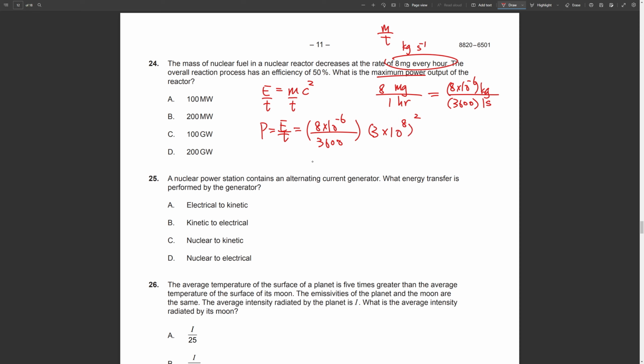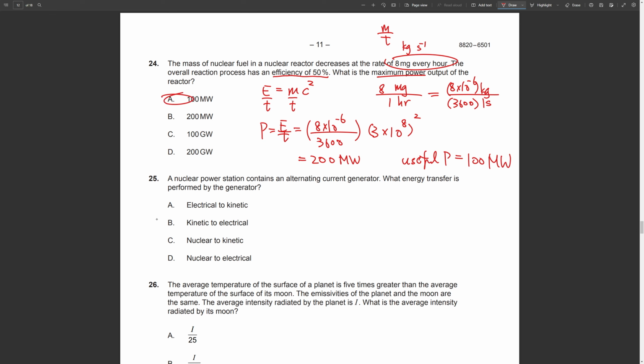The rest is simplifying these equations. 200 megawatt. But this is not the final answer yet. Don't forget there is an efficiency of 50% only. Therefore, the useful power should be half of the 200 megawatt, is 100 megawatt. The answer is A. Question 25.